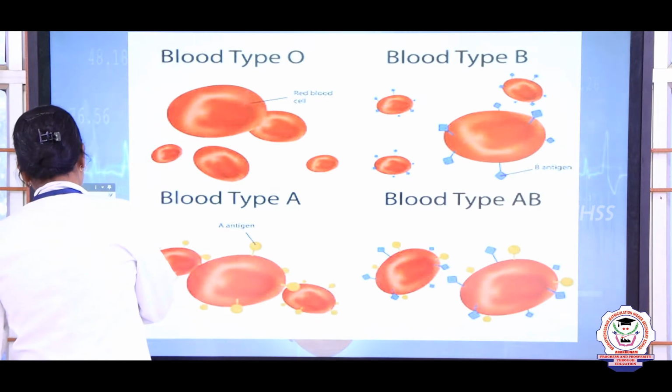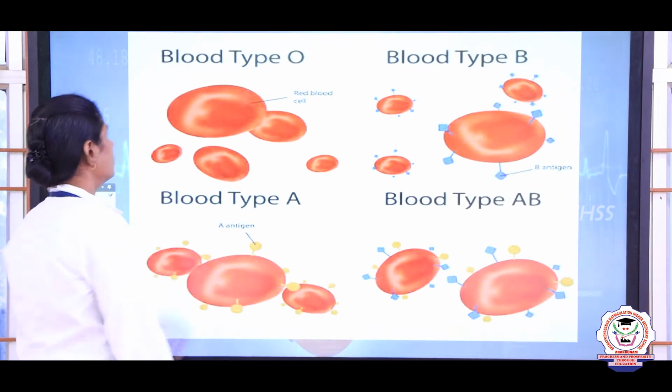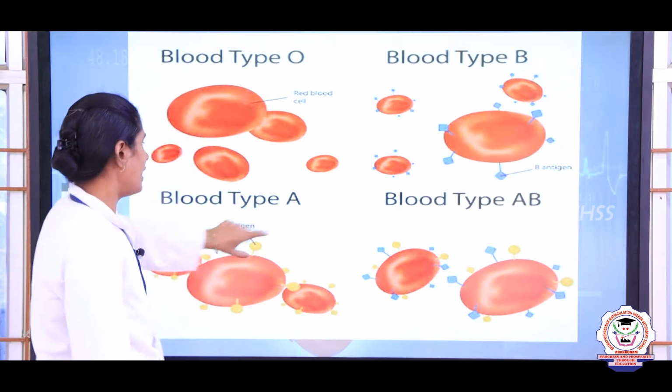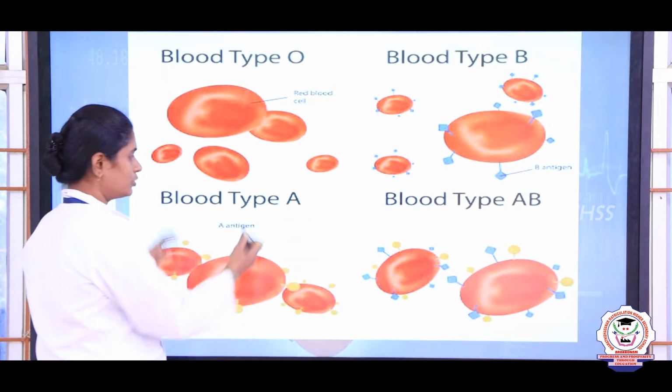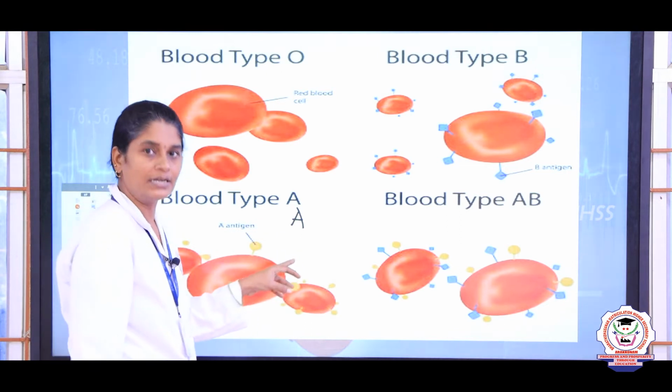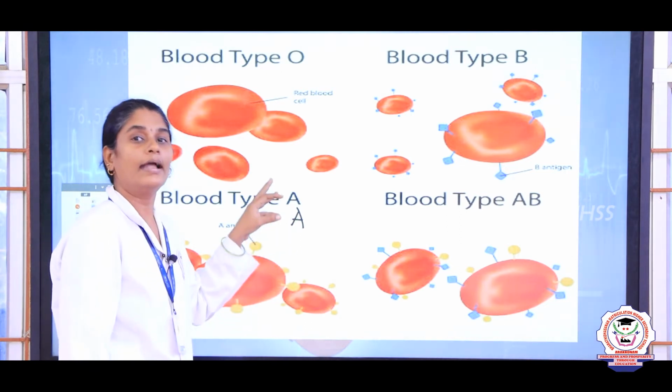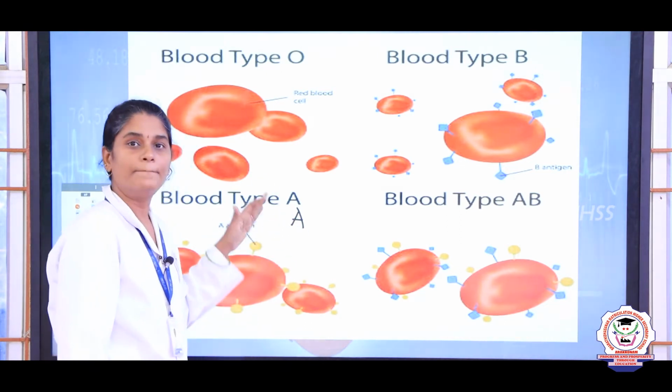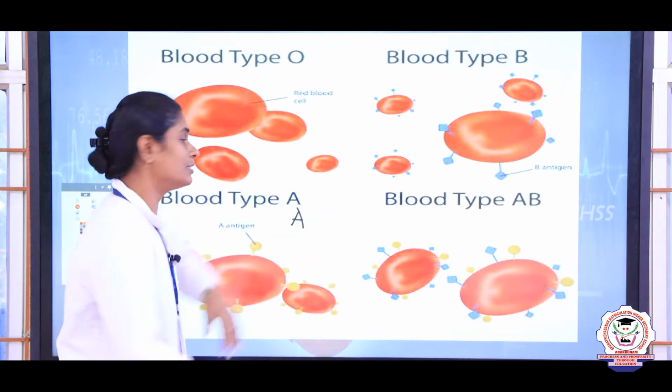Here we can see the A blood group. Antigen A is present, antigen B will not be present, but antibody B is present.